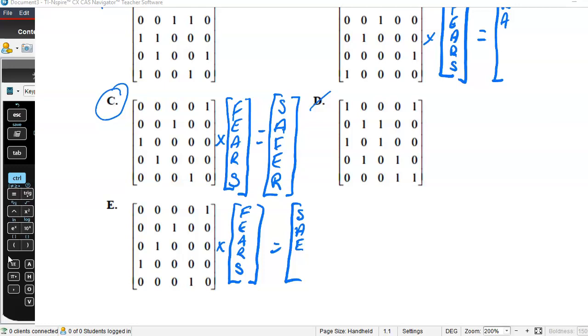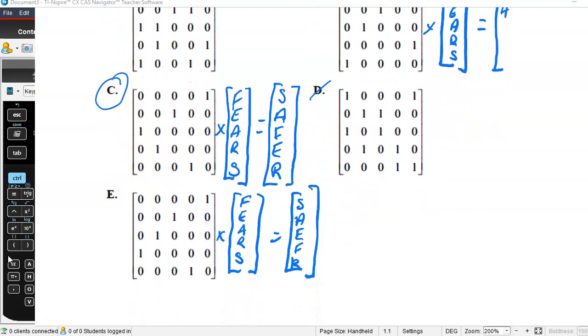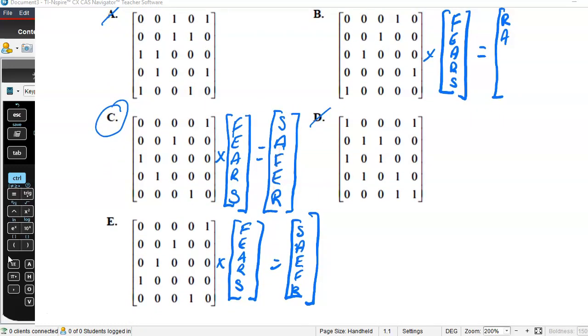Then get the F, and then it would get the R. So again, not quite right. So when you're looking at permutation matrices, you've got to make sure that those rows work out and turn the right letters on.